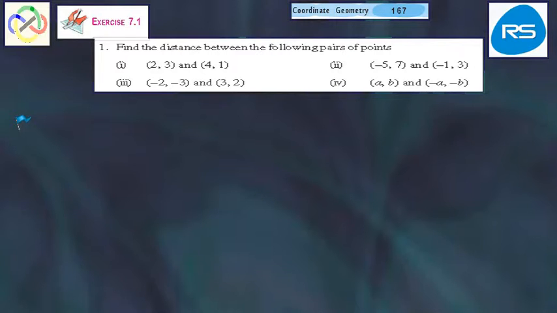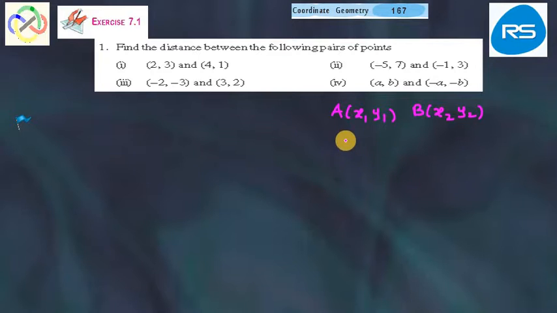Before we start this problem, we'll recall the formula which we will use. Let us consider the 2 points A (x1, y1) and B (x2, y2). These are the points on the coordinate axis.